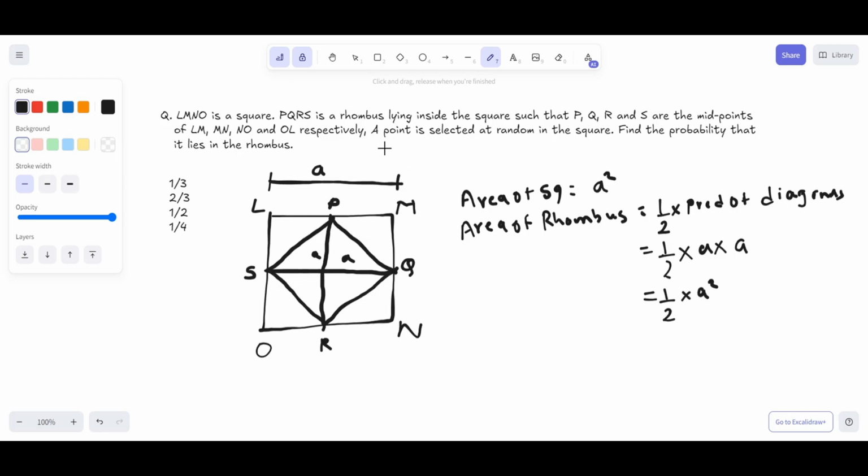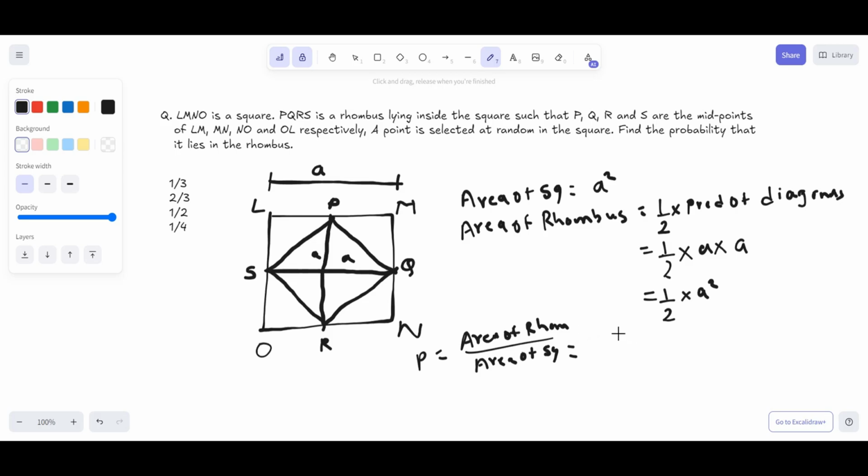Now a point is selected at random in the square. We have to find the probability that it lies inside the rhombus. So probability equals area of rhombus divided by area of square.